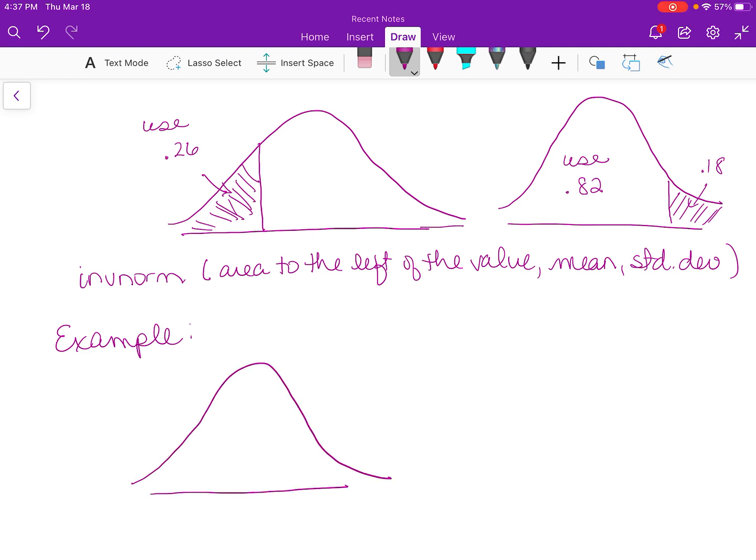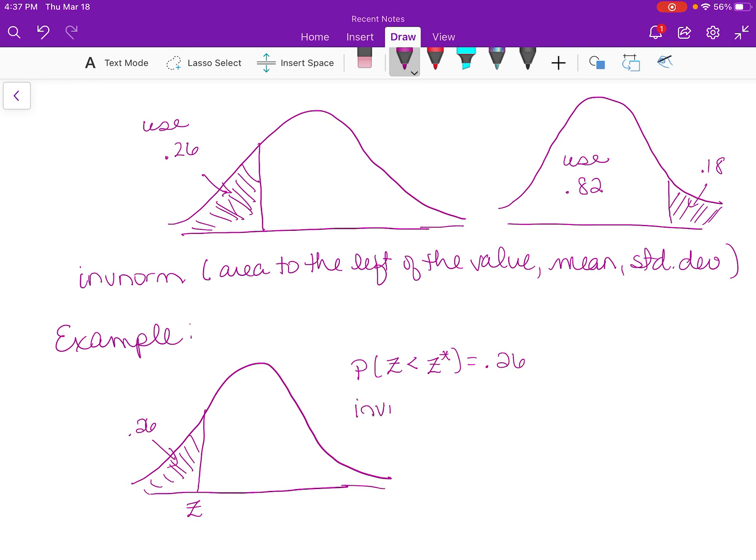So here's an example. If I want to find the z-score associated with this probability, and I'm going to use the one I have up there, of 0.26, then what's happening is I want to find the probability that z is less than some value I don't know, and I know that to be 0.26.